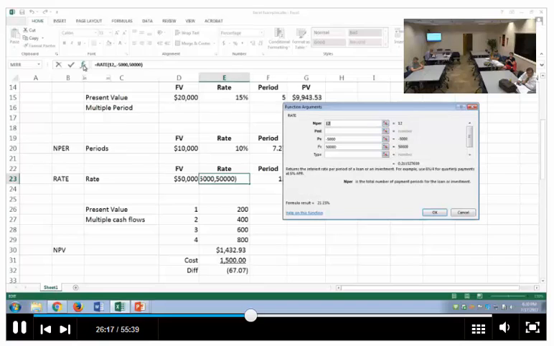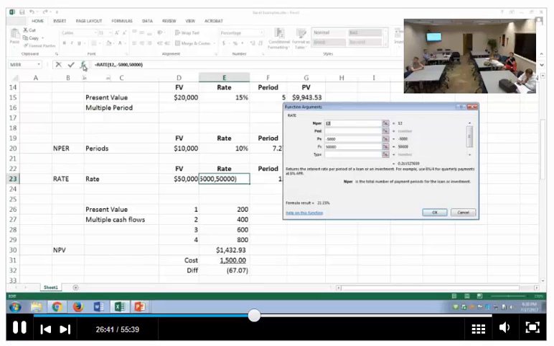All right. So first of all, you're investing $5,000. So you put a negative $5,000 in. They're telling you at the end of 12 years it's going to be worth $50,000. And what you're solving for here is what's the rate that you're actually earning on that $5,000.